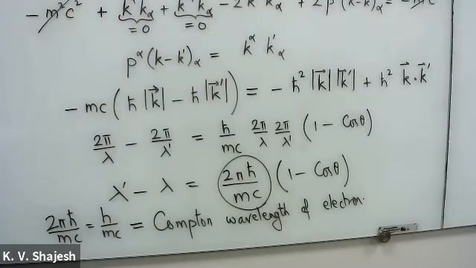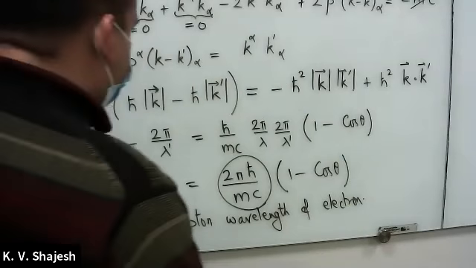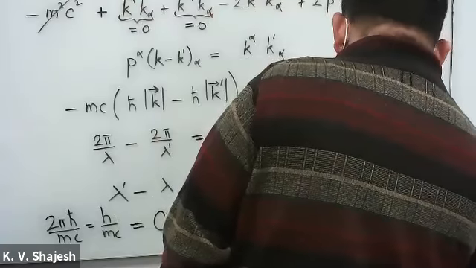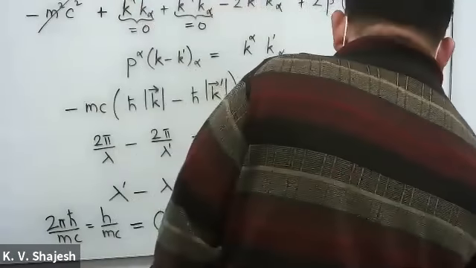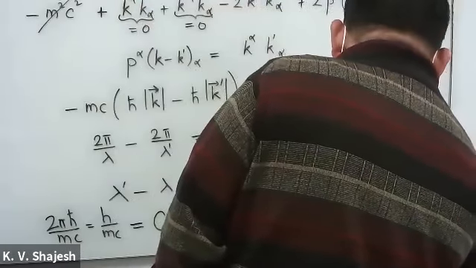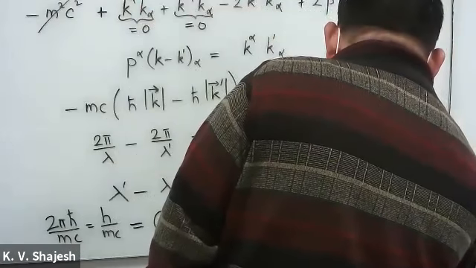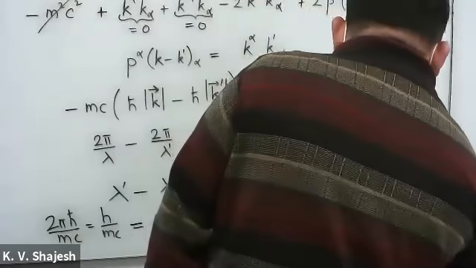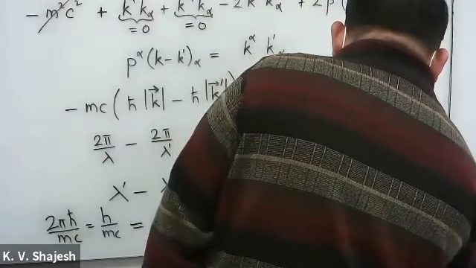And to add on to this, I would say a small quiz problem. The question is: does Compton scattering describe the wave nature of light or the particle nature of light?